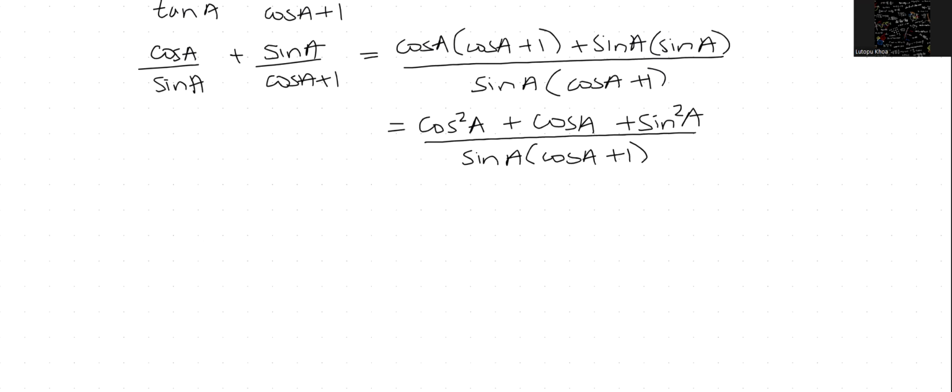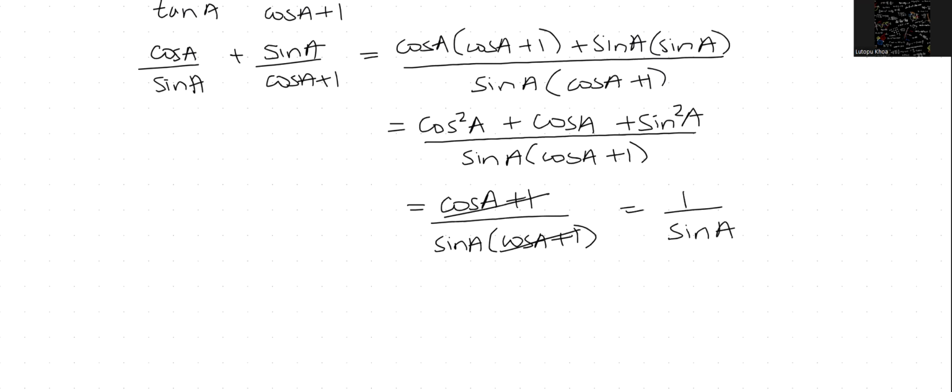So I have (cos A plus 1) over sine A times (cos A plus 1). These two will cancel. So I have 1 over sine A, and 1 over sine A is, in fact, cosec A, which is our right-hand side.